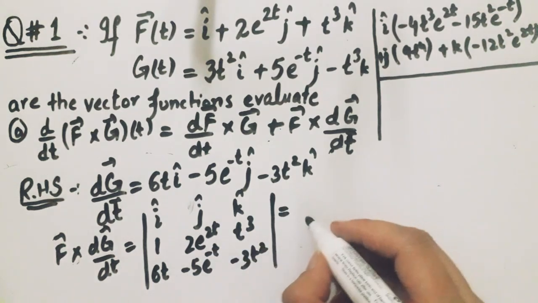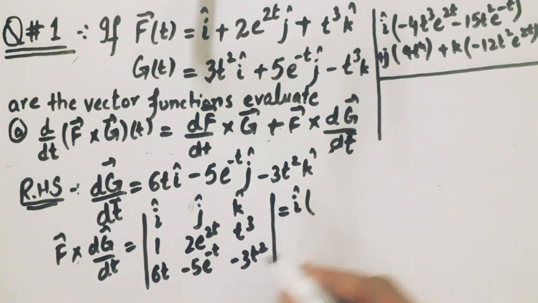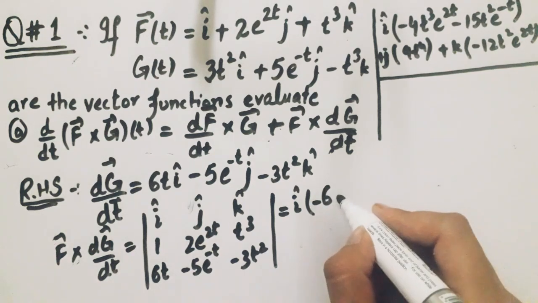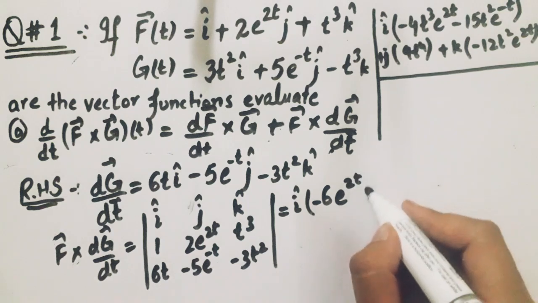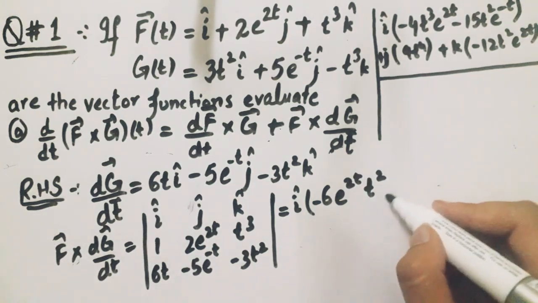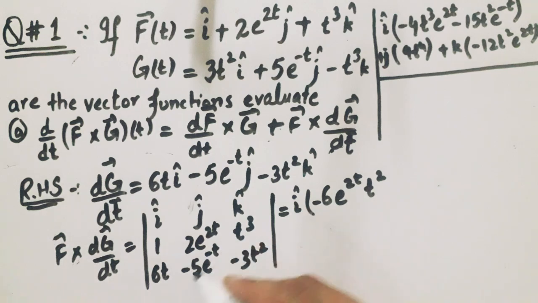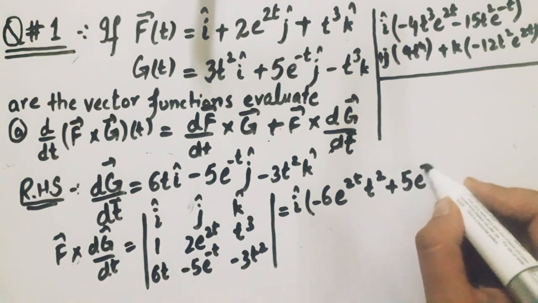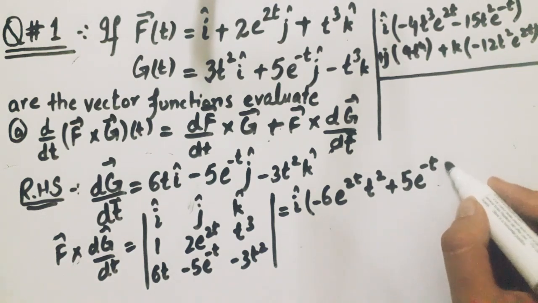It will give you 2 multiply minus 3 is minus 6 e raised to power 2t and t square. Then minus minus will become plus. So plus 5 e raised to power minus t and t cube.